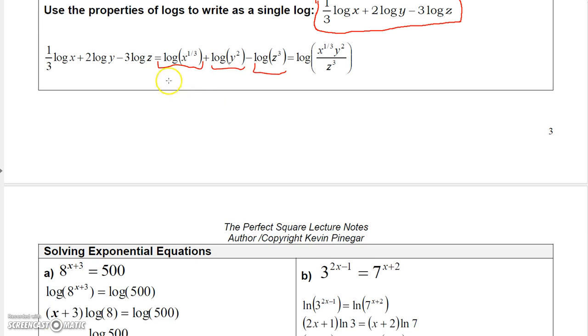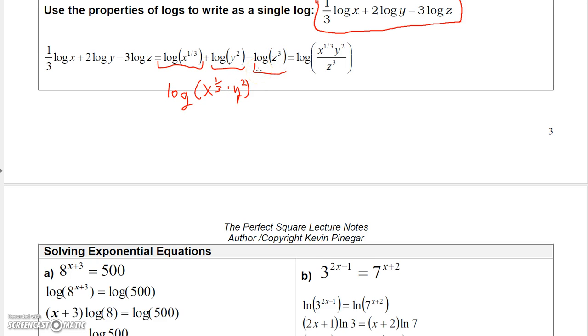Okay, now let me show you here. This is a sum, so what I could do is write those as the log of a product, the log of x to the 1/3 times y squared. So those two would combine to give this. But then I would have minus the log of this.